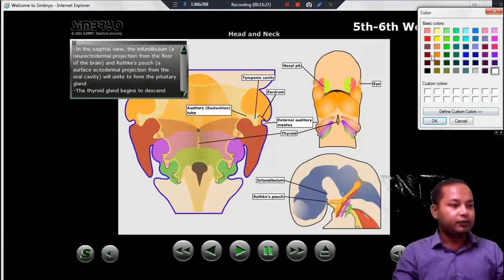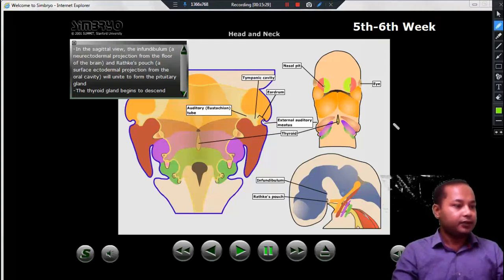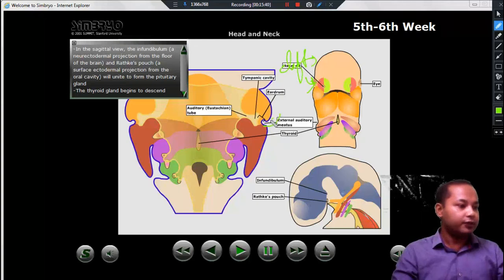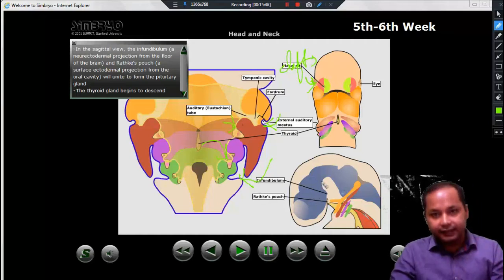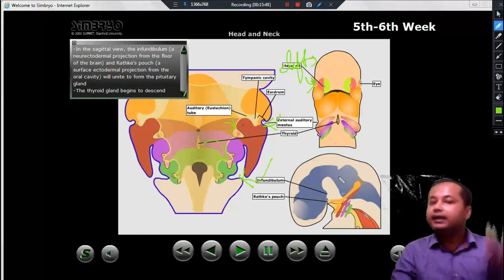You have seen all these things because these are called the clefts. The outpouchings on the outside are called clefts. So clefts are going to form something, and the pouches are going to form something else. The inside is going to form something, and the outside also.